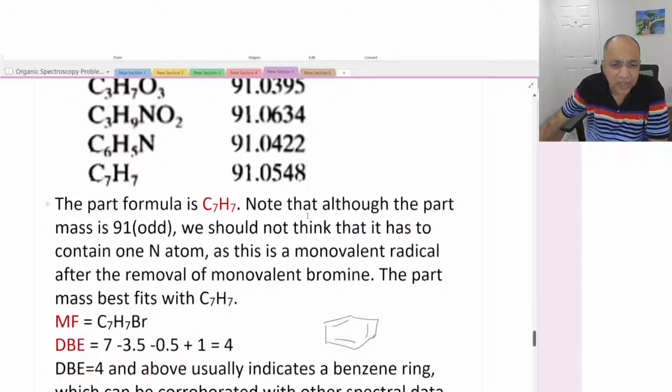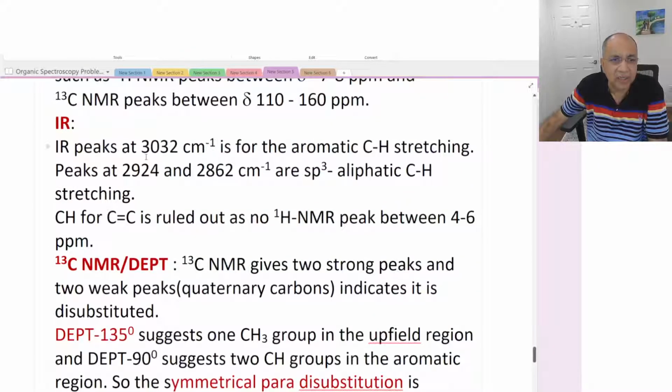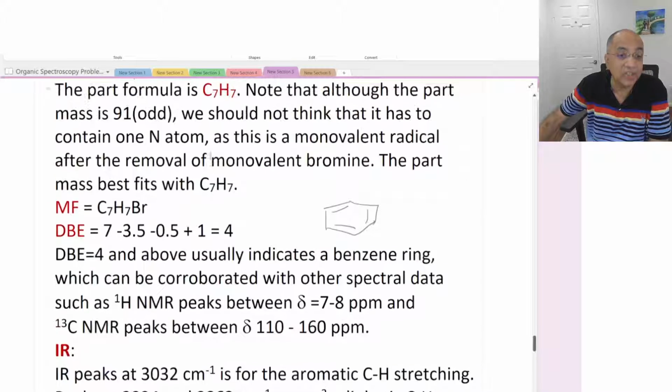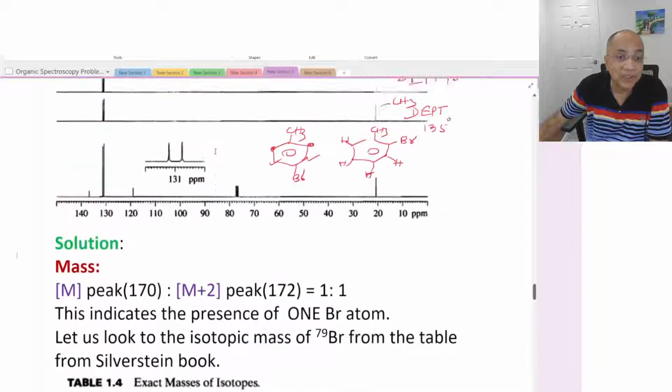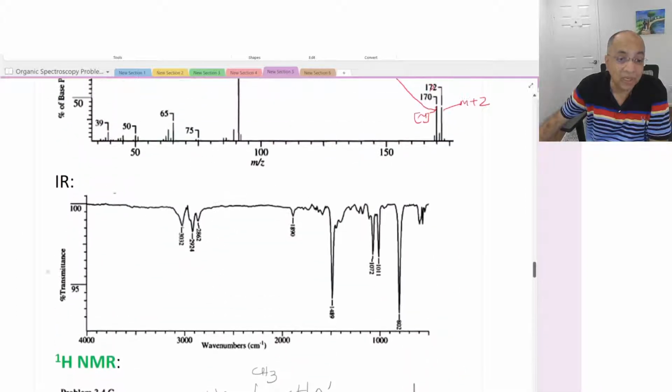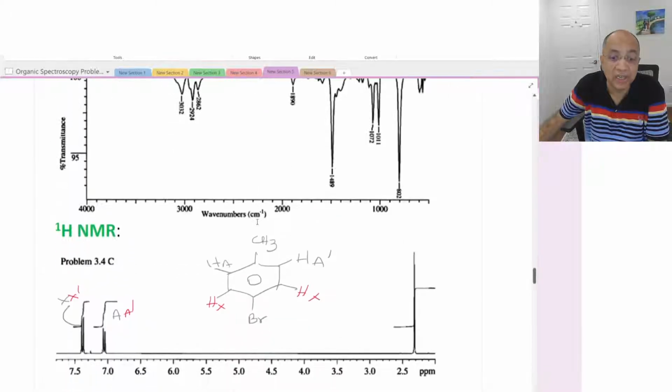So we get the IR data. There is a peak at 3032, indicating aromatic CH. These two are aliphatic sp3 CH, that is for the methyl, below 3000 cm inverse, and above 3000 cm inverse is for the aromatic, or it could be ethylenic, vinylic, but there is no C double bond C data.